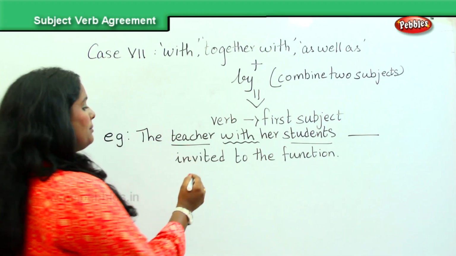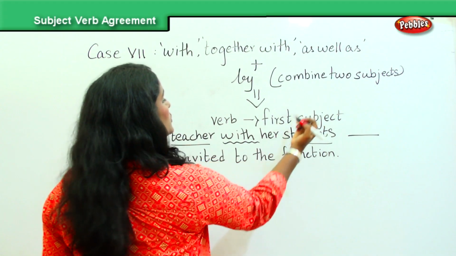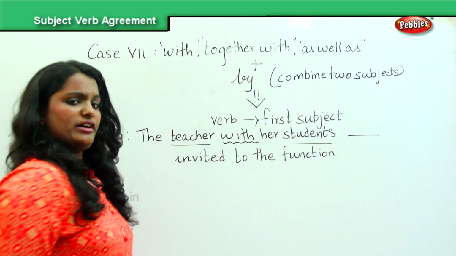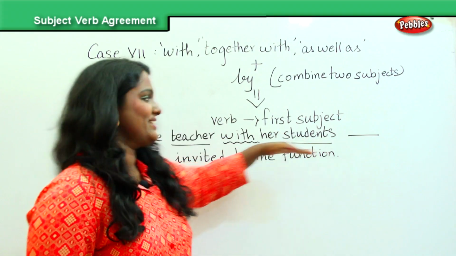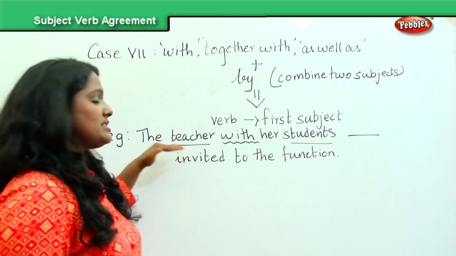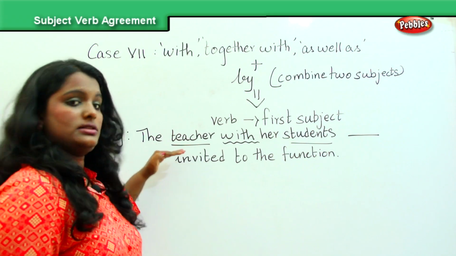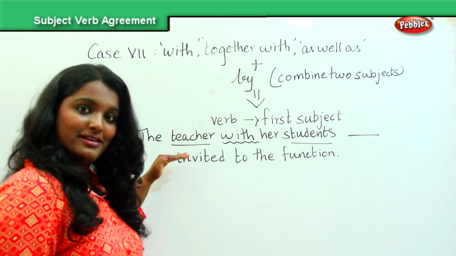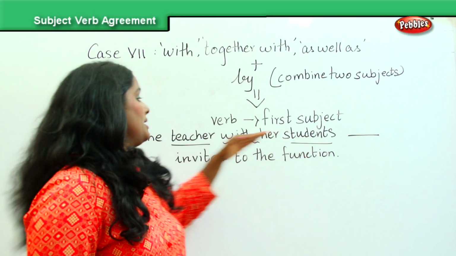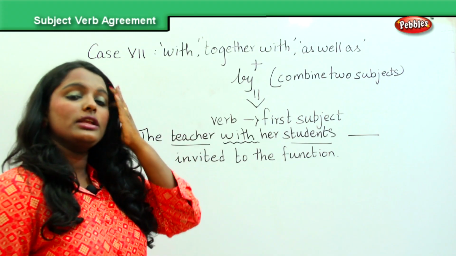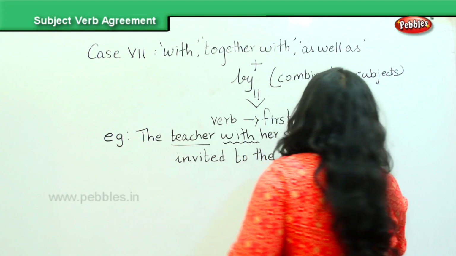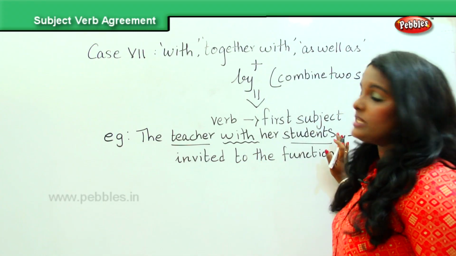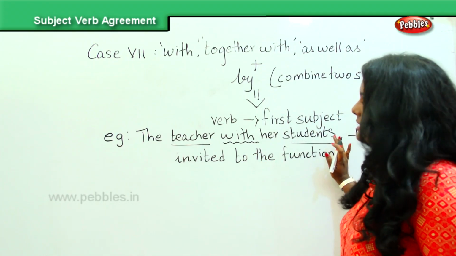Now my verb will correspond to the first subject. Which is the first subject here? Teacher or students? Teacher. So if it's teacher, is it going to be is or are? If it's students, it's going to be are. But when it's teacher, it's only going to be is, right? So I write is. I do not write are. Okay, so let me explain this case once again.